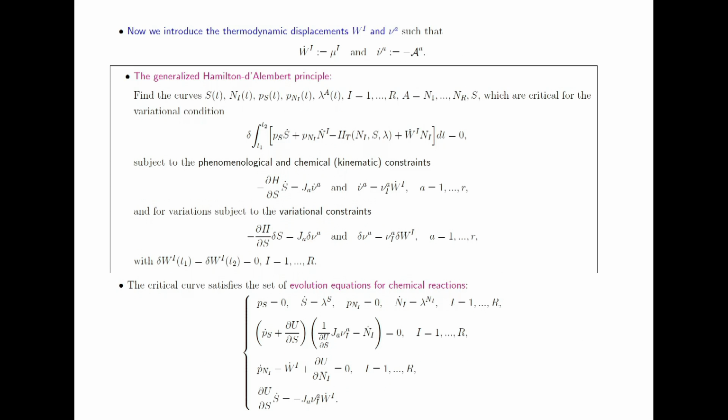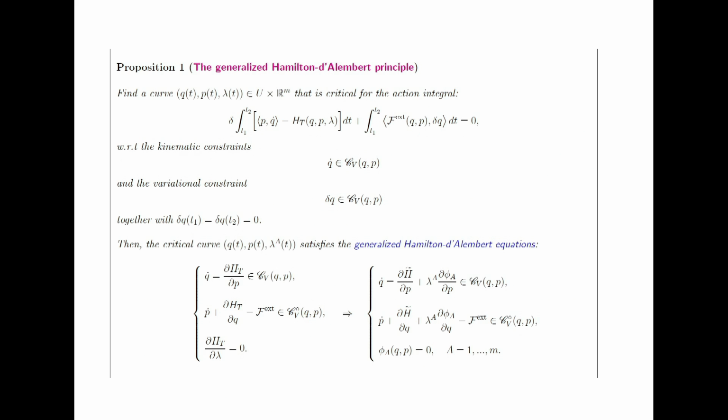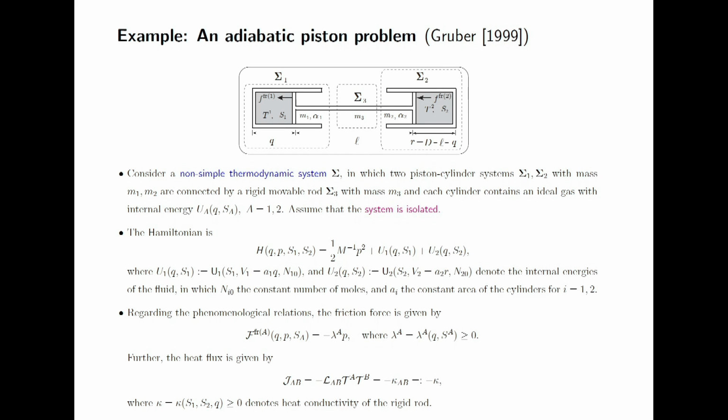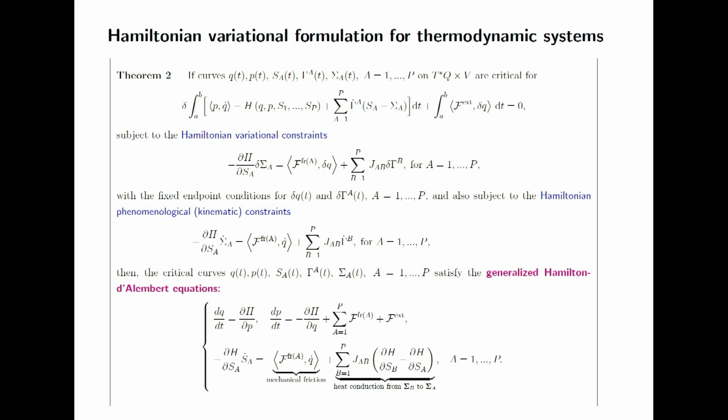Some questions? If I understood correctly, you actually introduced dissipation to the system by introducing a Lagrange multiplier, which is somehow connected with entropy. You mean, please say again? You call it the kinematical constraint and the variational constraint.